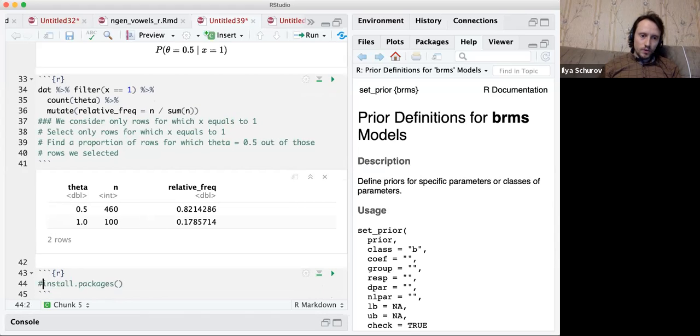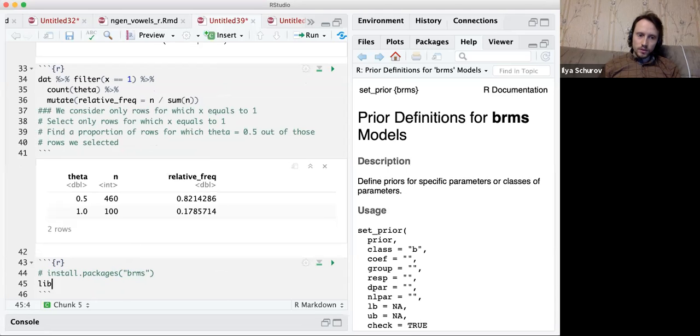You can try to install the package which is called BRMS. You can try to install it like this, and I will just start it.